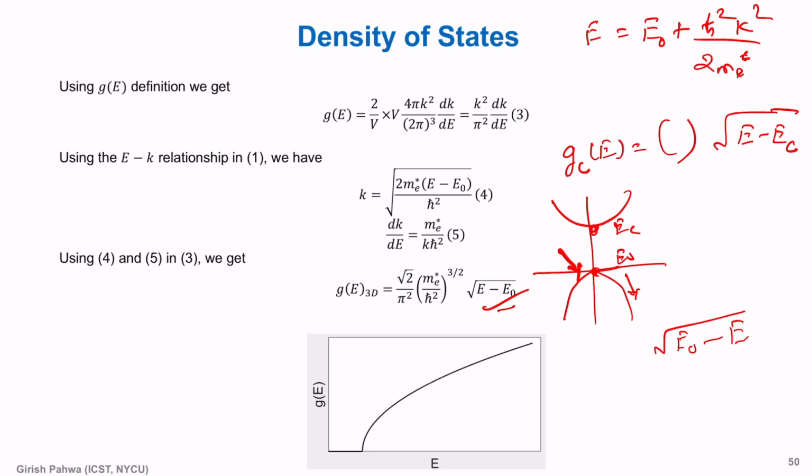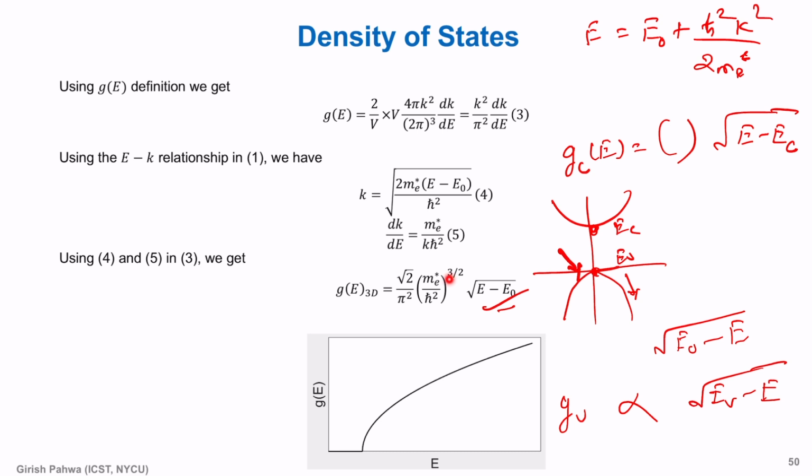You can't go above this energy. That will make the under root negative. Okay, so if you do the whole exercise again, it will come out to be E naught minus E, or more specifically, E naught is EV here, EV minus E. So your GV will be proportional to this thing, and this m_e star will become m_h star.